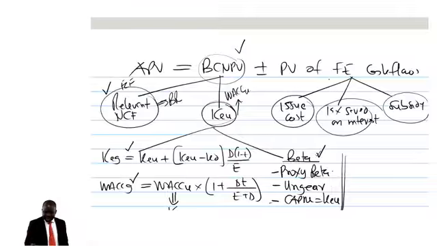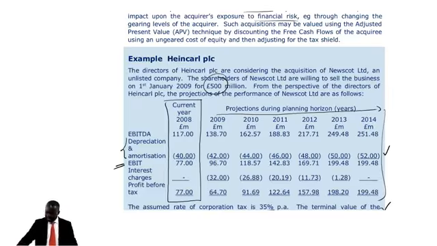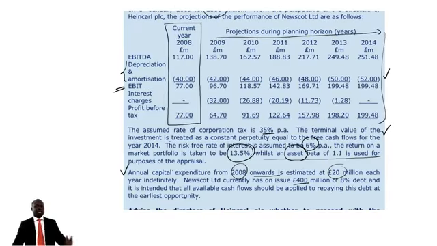Then I need my PV of the finance effect cash flows. Is there any issue cost? Is there tax savings on interest? Is there subsidy? I go straight to the question to check. In the question, there is no issue cost, there is no subsidy, but I can see interest charges for the respective years, 2009 up to 2013.